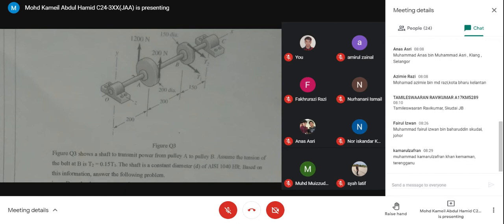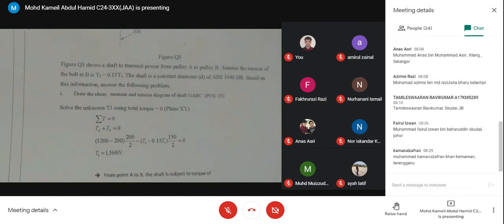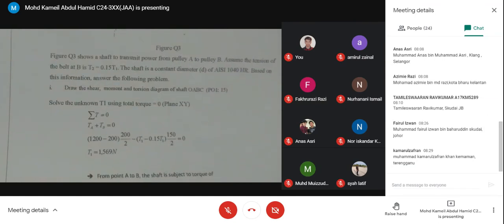Okay, so first step, kita boleh pakai summation of torque. Remember this will involve equilibrium. Kita akan consider the equilibrium condition, so you can use, for example, total summation of the torque is equal to 0. So TA plus TB equal to 0. TA tu (1200 - 200) divide by 2... this is to find the torque.